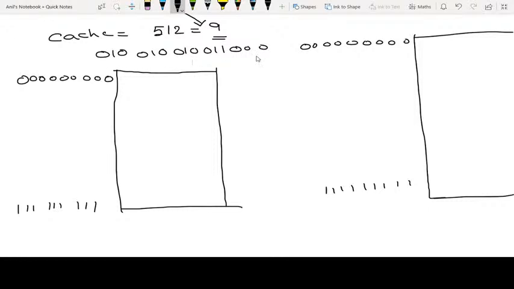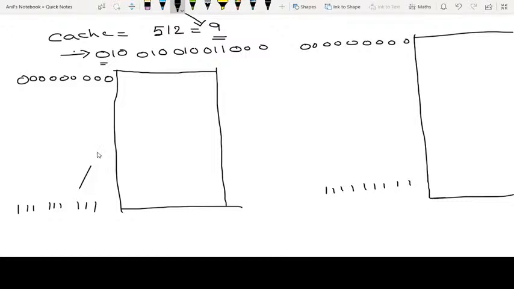This address reference has been sent by the CPU for accessing the corresponding data word. This address reference will be searched within the cache. But how? The address reference is 15 digits, but we have only 9 digits.